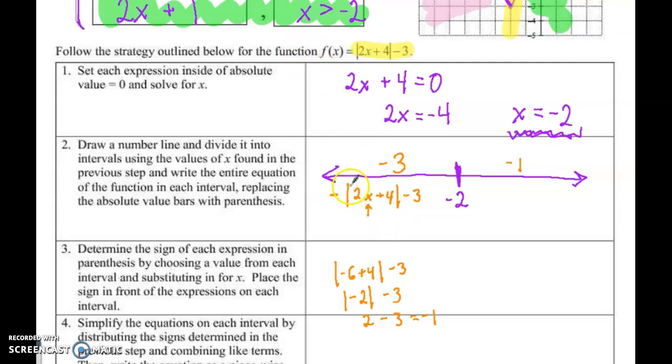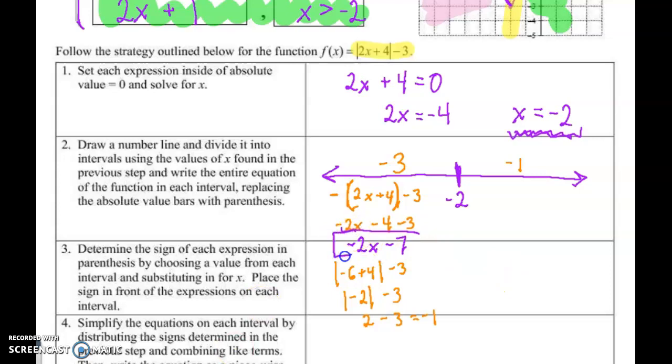So instead of writing absolute value, I'm going to put parentheses and distribute that negative in there. So I have negative 2x minus 4 minus 3, and when I simplify that, I get negative 2x minus 7.